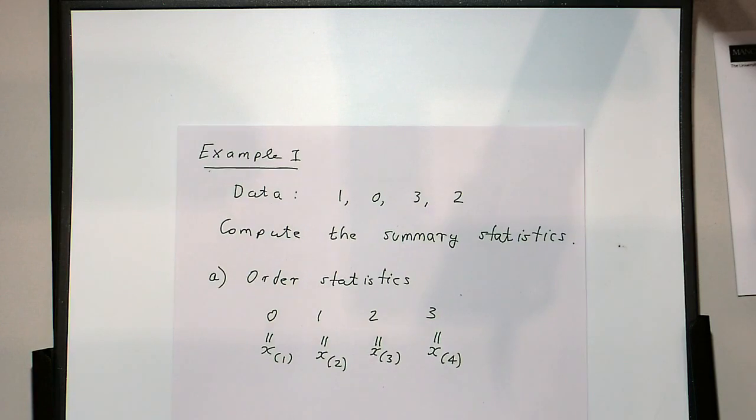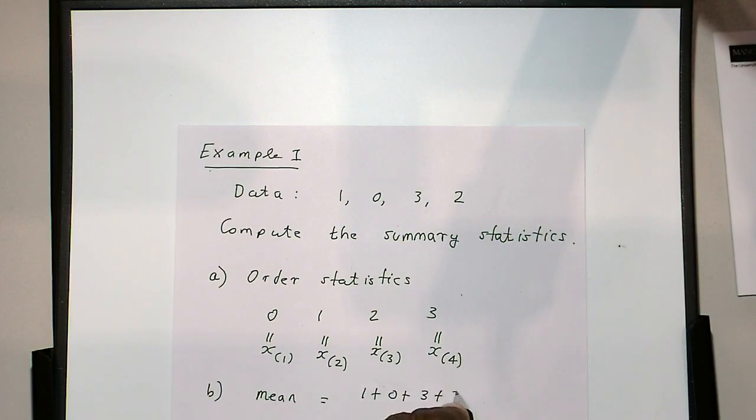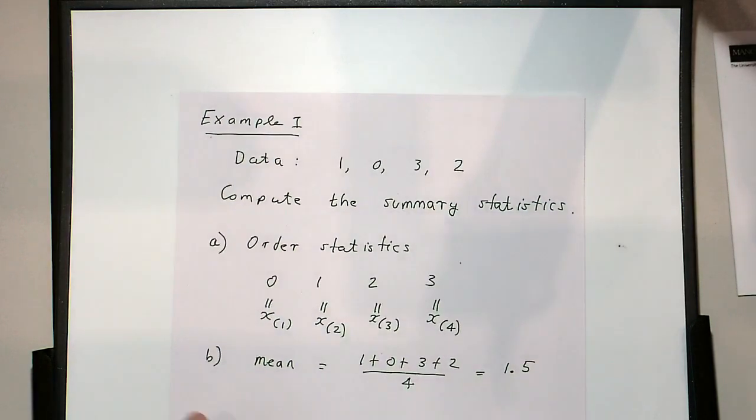Okay. And next one is the mean. Mean is simply the average of the data. So it's going to be 1 plus 0 plus 3 plus 2 divided by 4, which is equal to 1.5. Next one is the median.